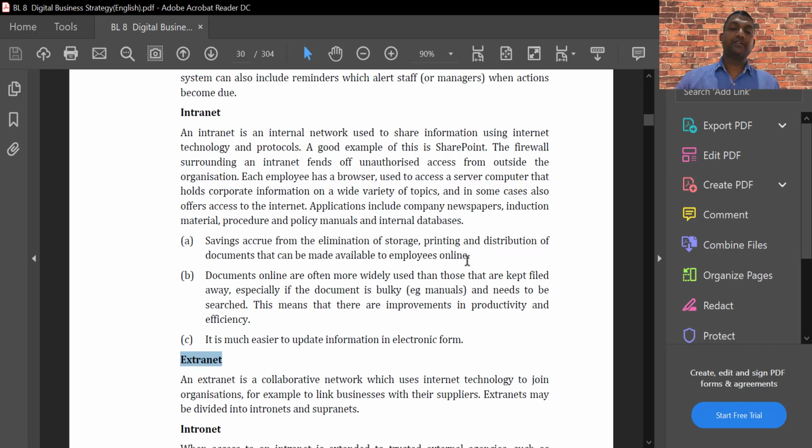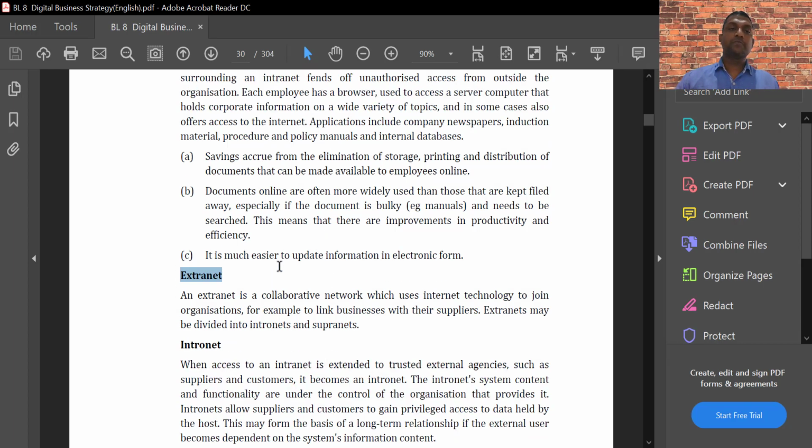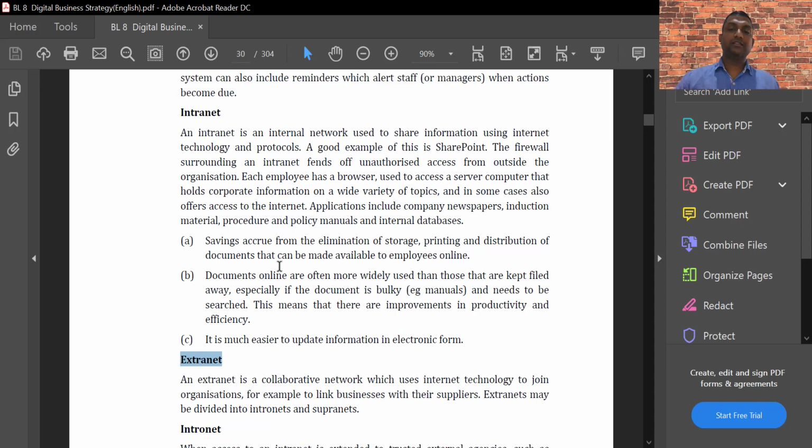But even if some portion of it is accessible by outside people, in the same network, that portion belongs to the extranet. Keep in mind that these are not totally disjoint things.